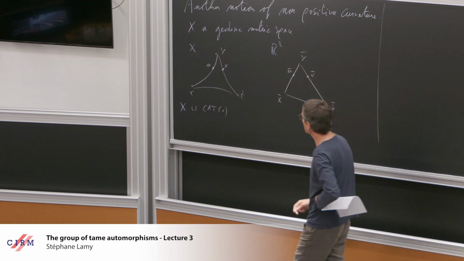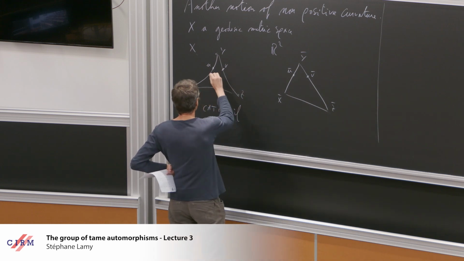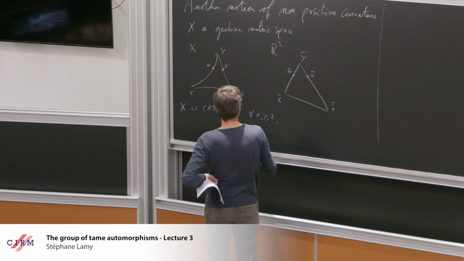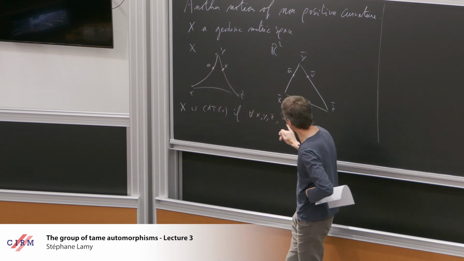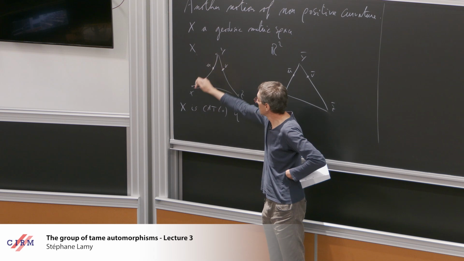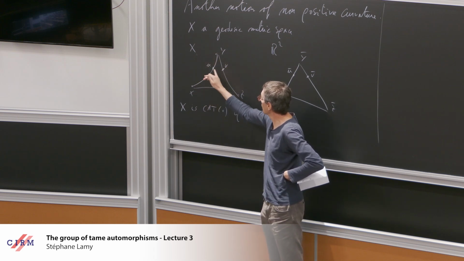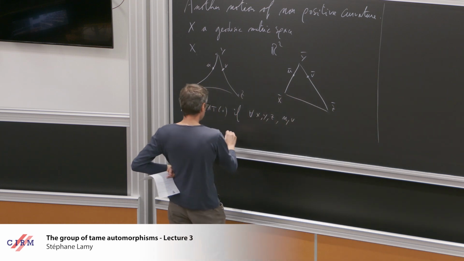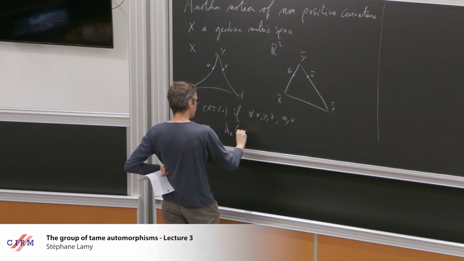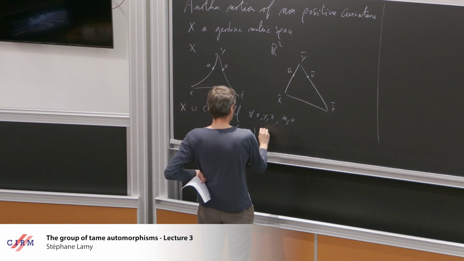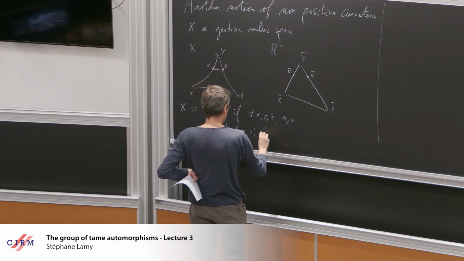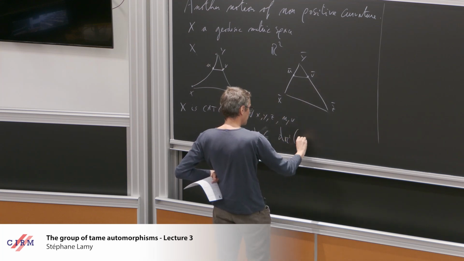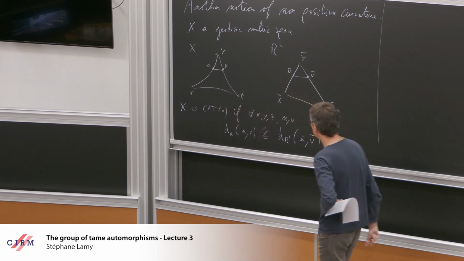So X is CAT(0) if for any triangle, so for any X, Y, Z, and any U and V on the sides, where U is on the segment XY and V on the segment YZ, you want the distance computed in X between U and V to be less than or equal to the distance in R2 of the comparison points.